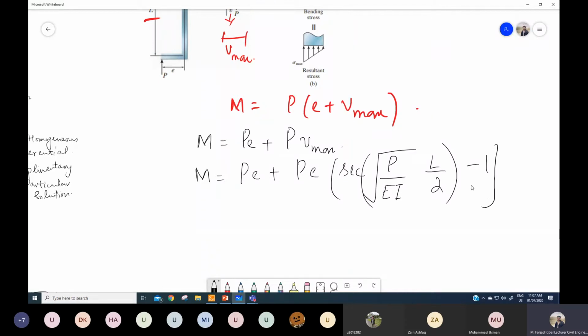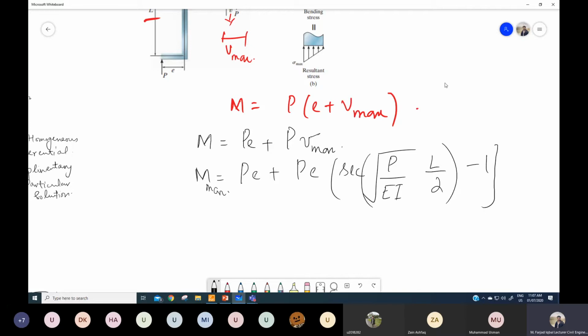So this is our relationship for the moment at the point where the deflection is maximum. Since the deflection is maximum, we can say that this moment is also maximum. At all other points in the column, the moment will be less than this value because the deflection will be less than this maximum value.